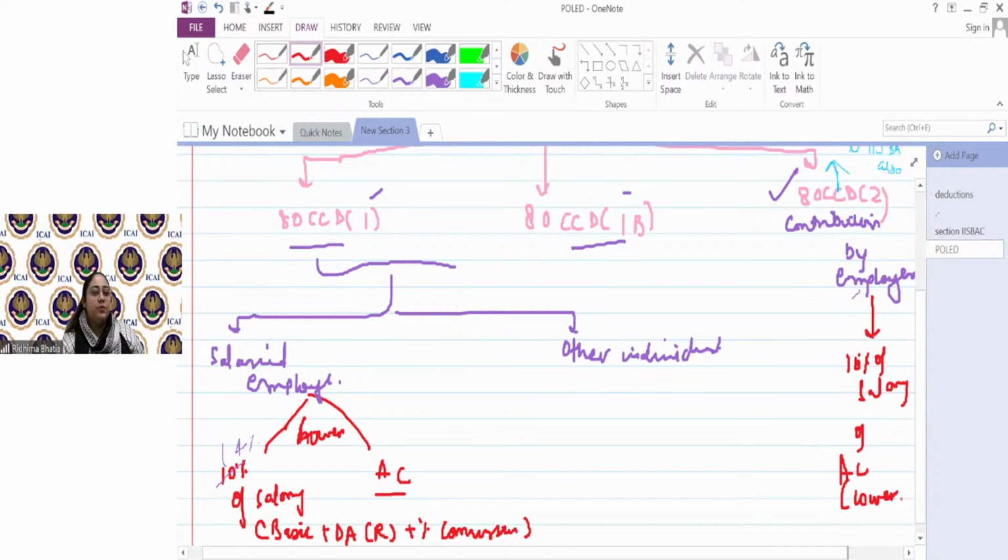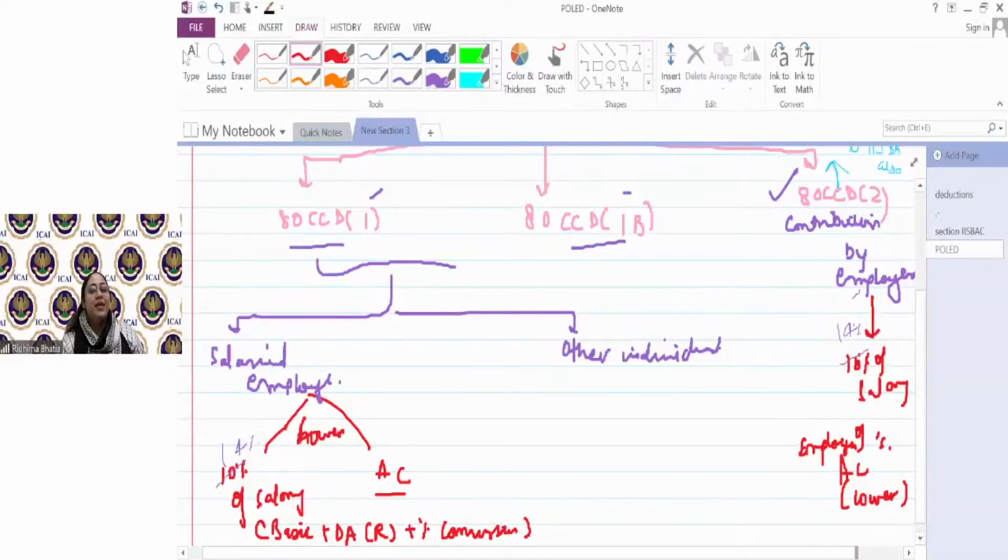And this 10% would be considered to be 14% if I'm talking about a central government or state government employee. Actual contribution here is whose, guys? Employer's. So right now, I'm not talking about any of the limits. If you know, please hold your horses, okay?